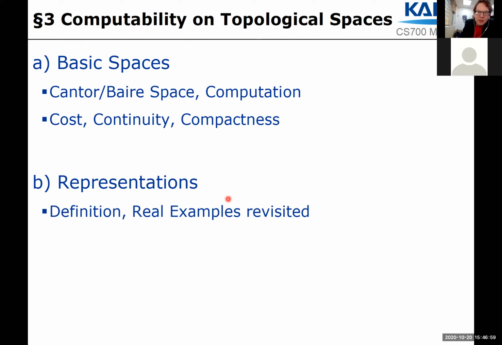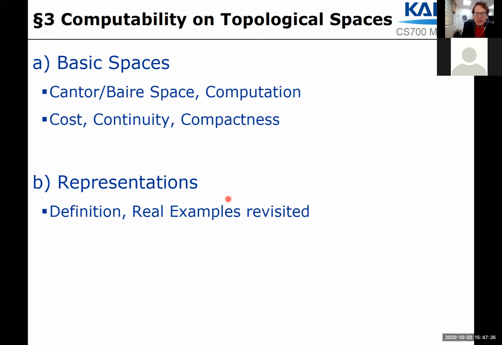And we've discussed representations as a way of encoding spaces of cardinality of the continuum over all basic spaces and how to define computability over such spaces equipped with representations.